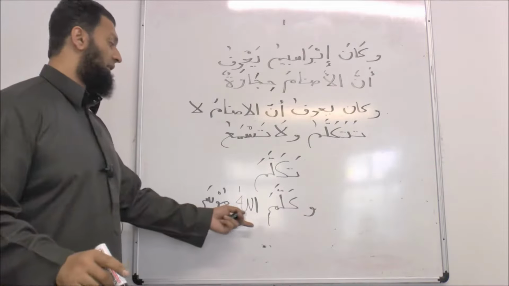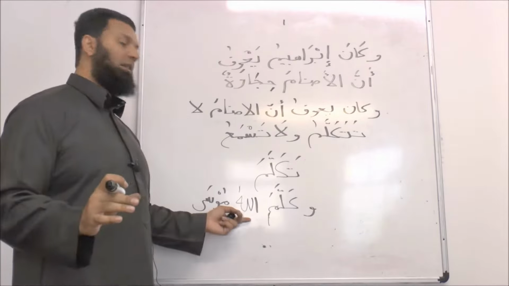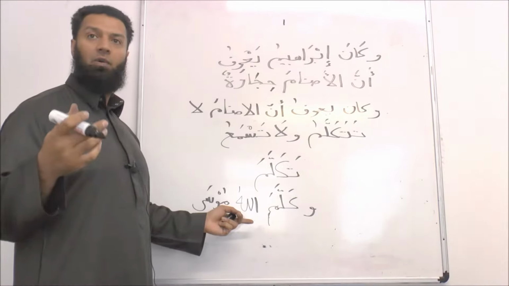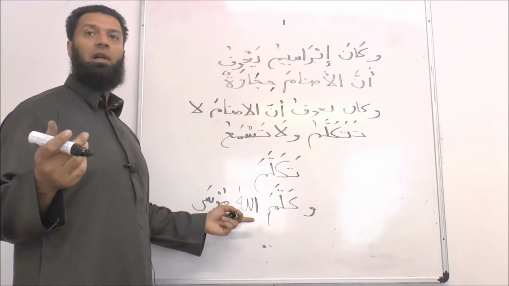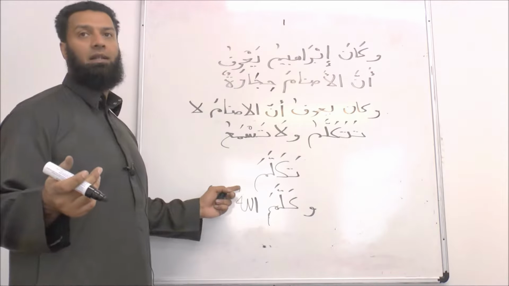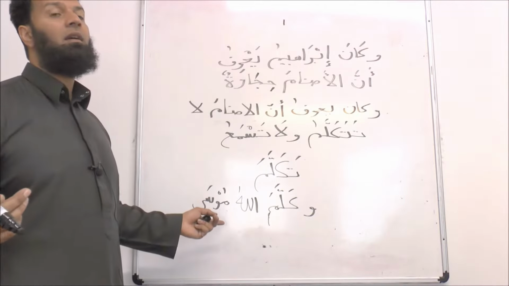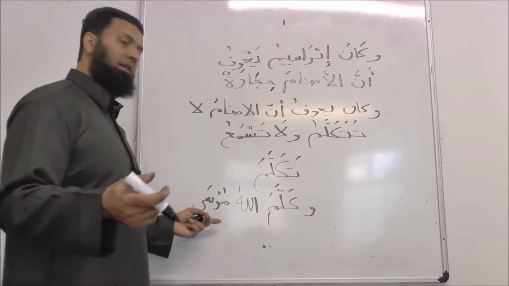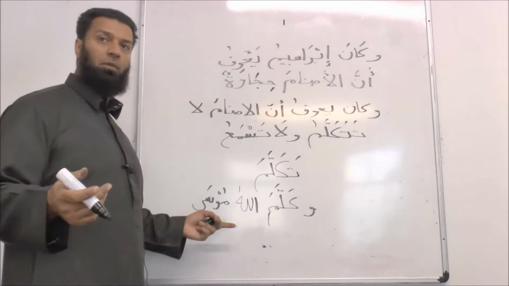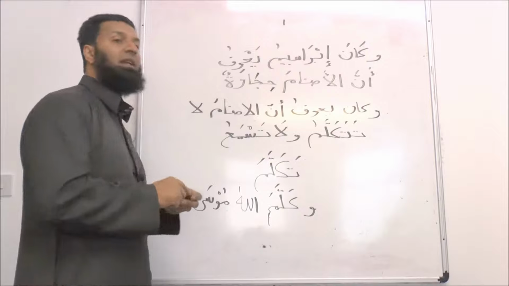So, normal jumlatul fi'liyah, we should know this now. Allahu is the fa'ilun marfu'un wa alamatu raf'ihi ad-dammatu ad-dhahiratu ala akharihi. Musa is the maf'ulun bihi, mansubun wa alamatu nasbihi. What is the alamatu nasbihi?